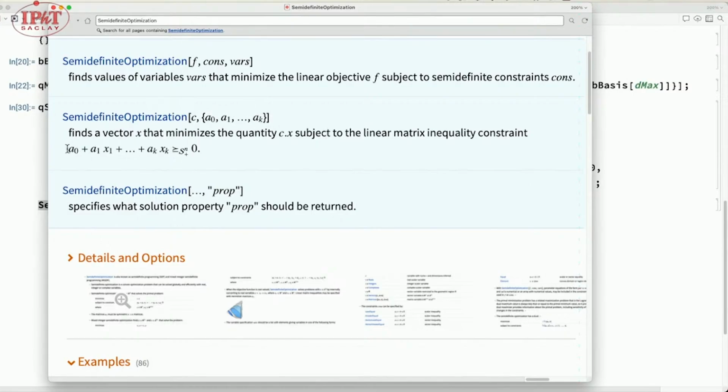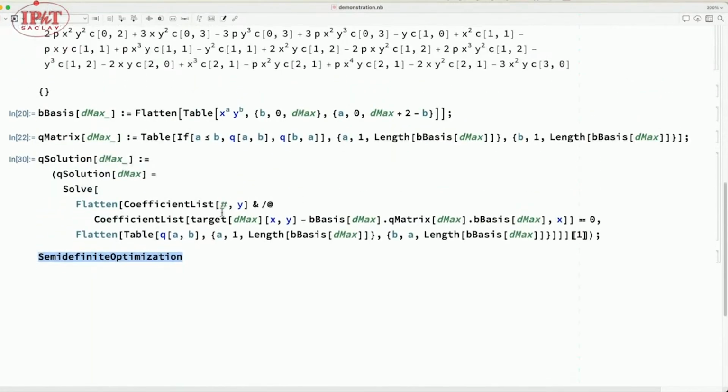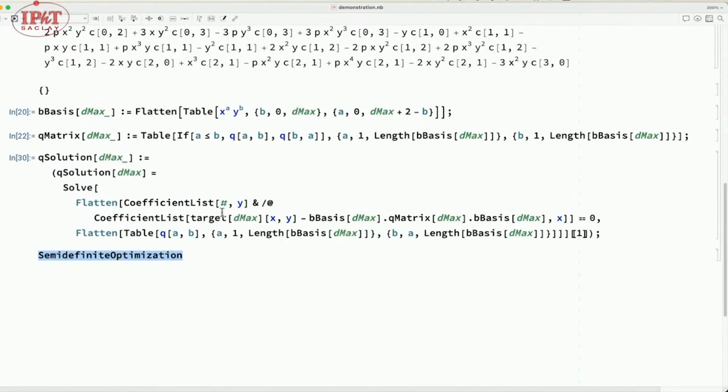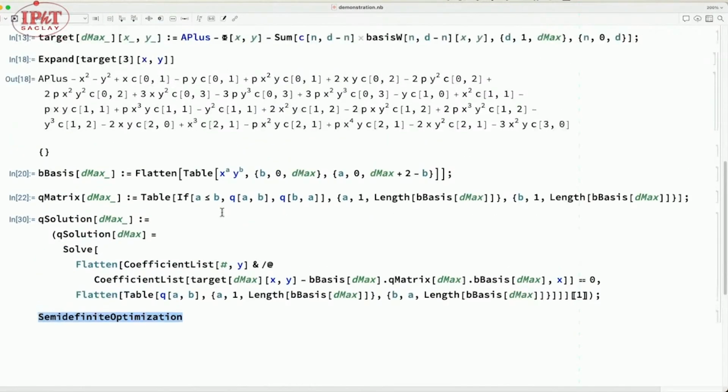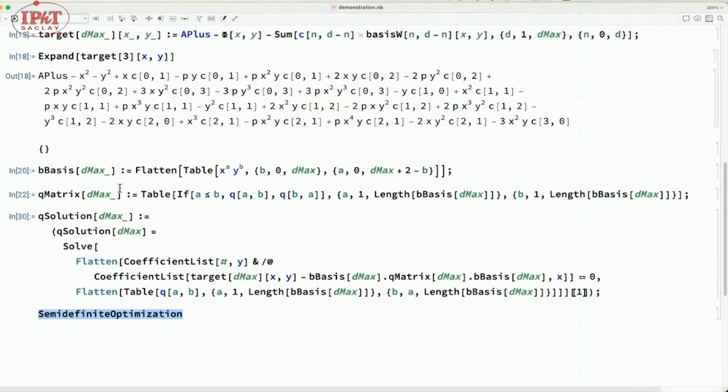The constraint is that this linear combination of matrices A with coefficients x is positive semi-definite. This is exactly what we need, because the variables that we are trying to solve for are the remaining q's that we didn't solve for, and the a plus and c, and this target function is a linear function of all of these variables.